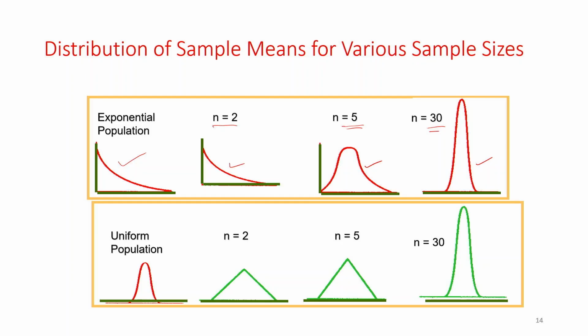That means as we keep increasing the sample size from 2 to 5, 5 to 15, maybe 20, 30, and if we go close to 30, a little more than 30, the distribution of sample means will be very, very close to normal. That is what basically it is saying.